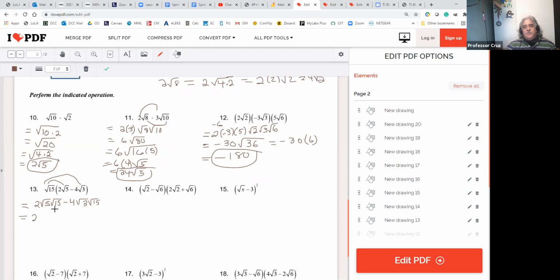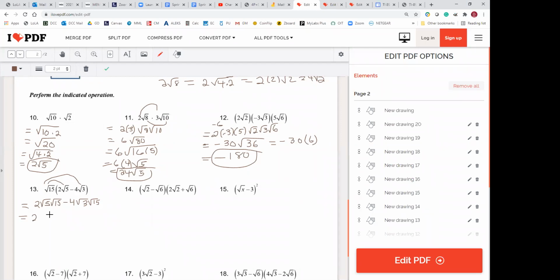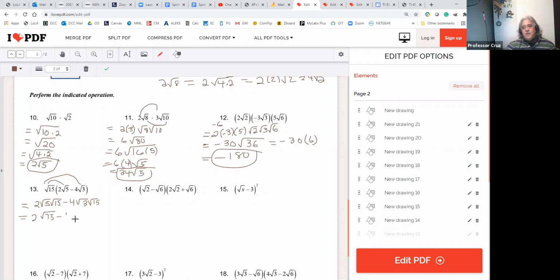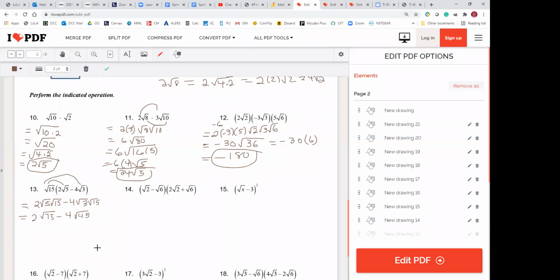So 5 times 15 is square root of 75. And then this is negative 4 square roots of 45. Correct? Yeah, that's what I got.